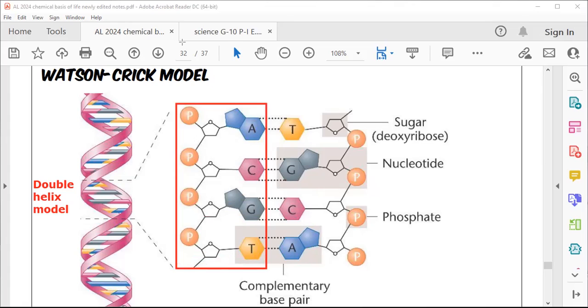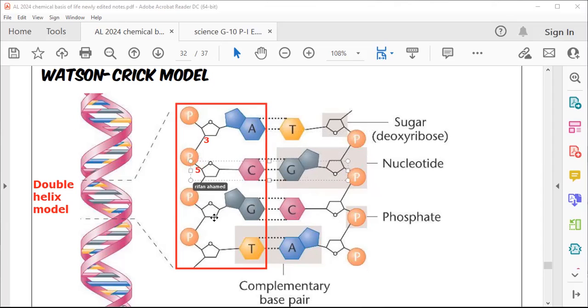Now, my children, if you take this one, it is the third carbon of this pentose sugar. Which carbon? Third carbon. This is which carbon? Fifth carbon.